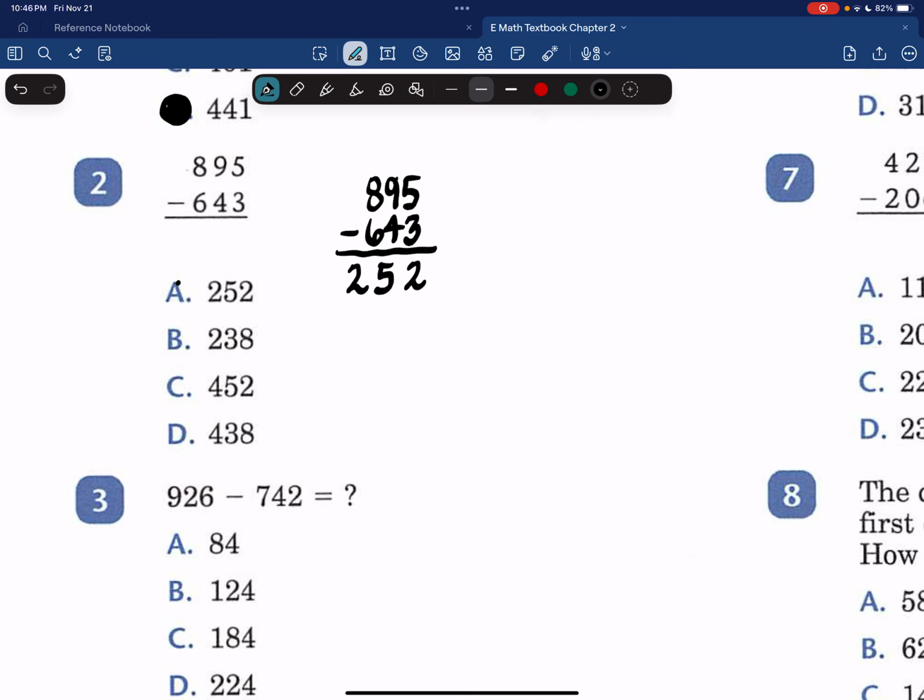So I like answer A, but I am going to check my work. I take my answer, the middle number, and I add because that's the opposite of subtract, and I should get this to check out. 895 is what I started with, and that's a good sign.